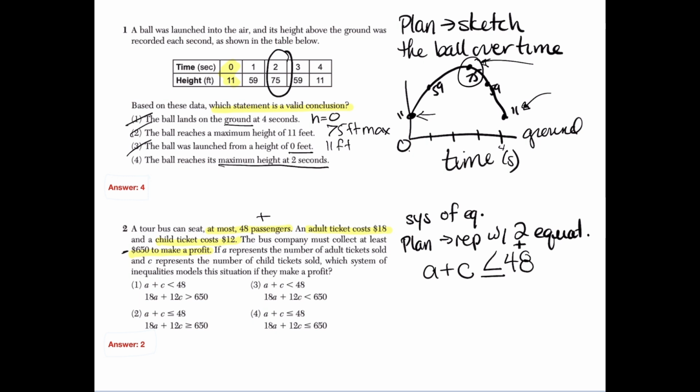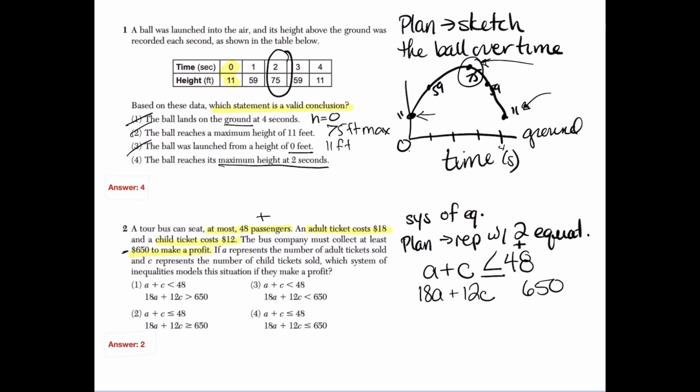And the second set of numbers has to do with money. And I know that it has to do with the profit part. So for the adult tickets, $18, so 18A plus 12C. And I know that I have $650. All right, so now we have to think, which one do I want to be the most?